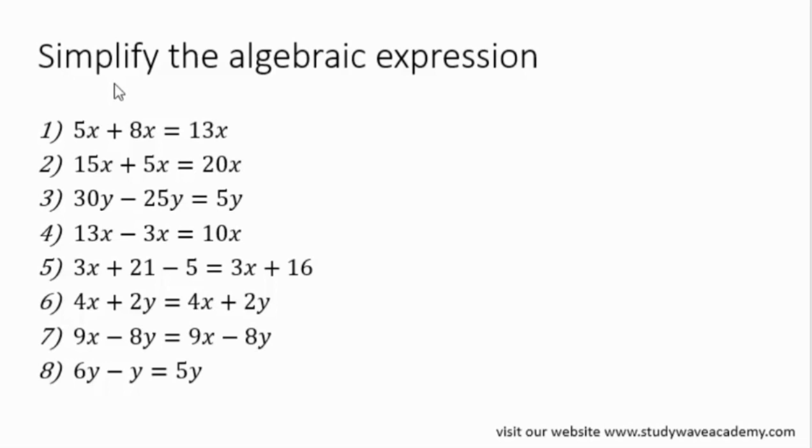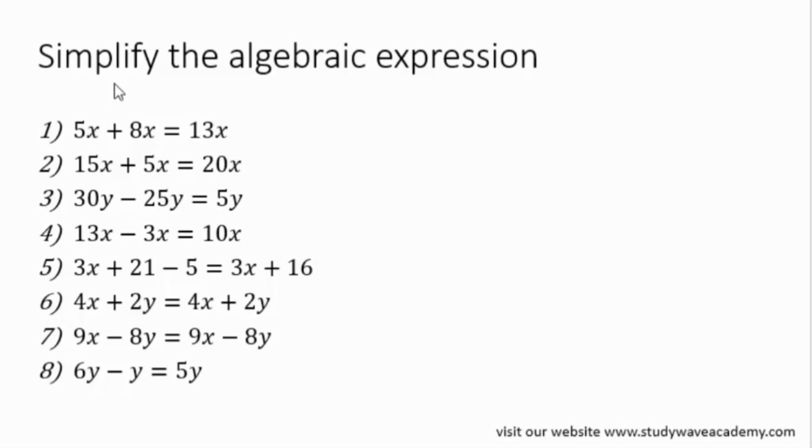So basically, you are turning a long expression into something you can easily make sense of. And just so we know, we cannot add variables and numbers together, meaning we cannot add letters and numbers together. Through our examples, we are going to learn how to simplify algebraic expressions.